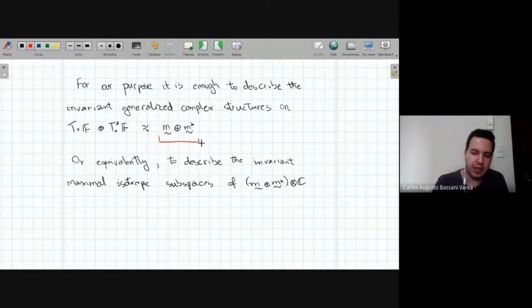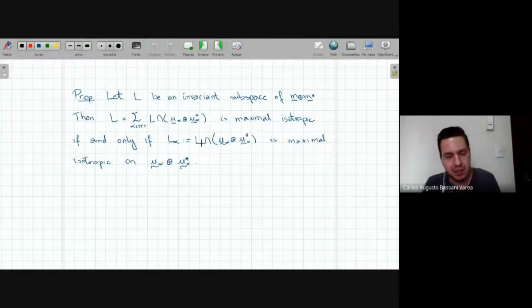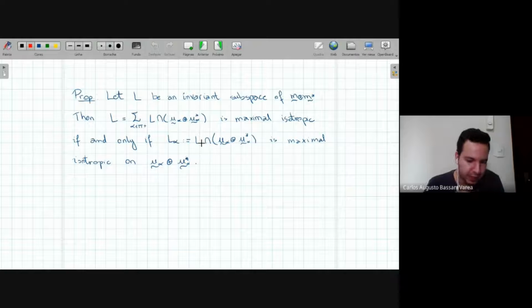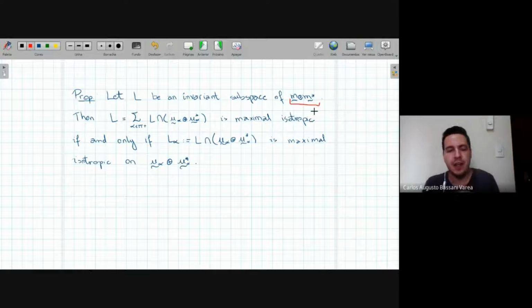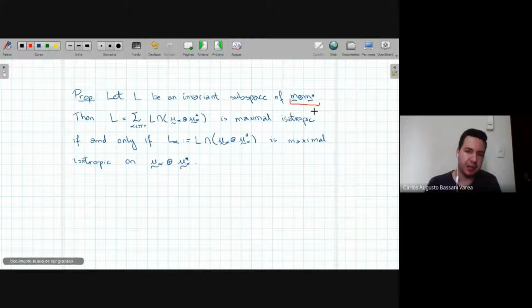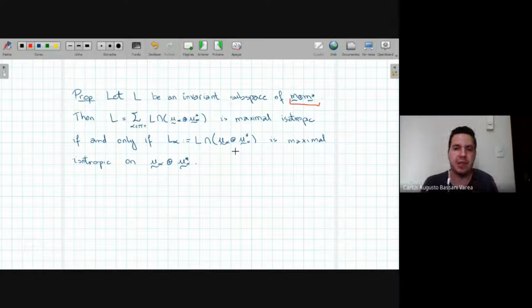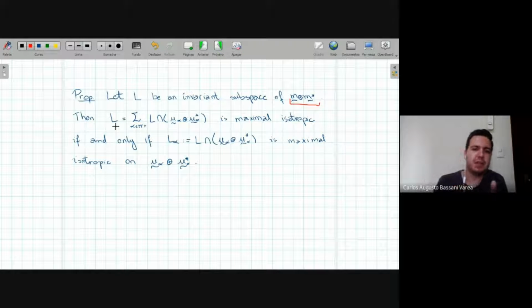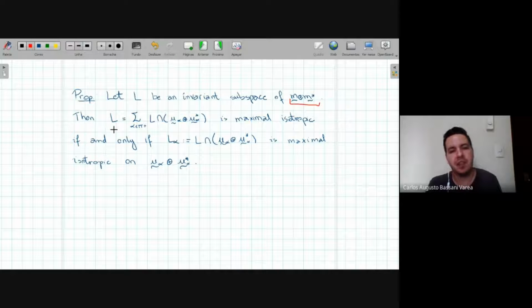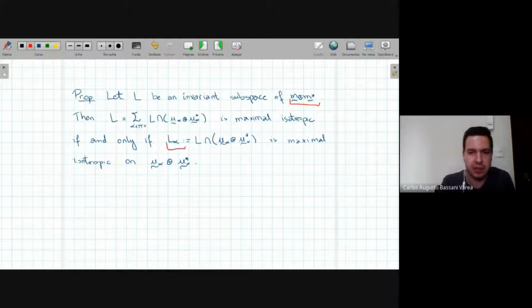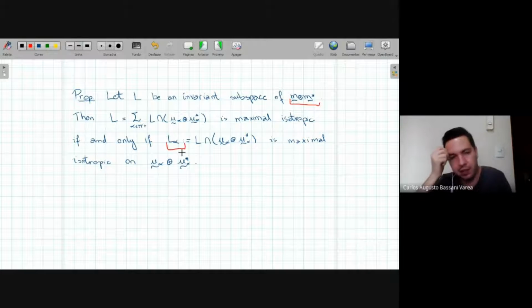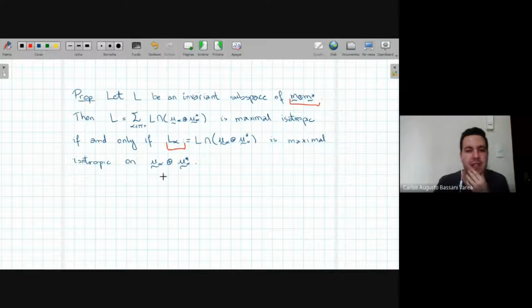Okay, and I finished the first day with this proposition, basically saying that a maximal isotropic subspace on m plus m star can be decomposed in terms of the root spaces U alpha plus U alpha star. And the subspace L is maximal isotropic if and only if each part of this that I call L alpha is maximal isotropic inside this space here.